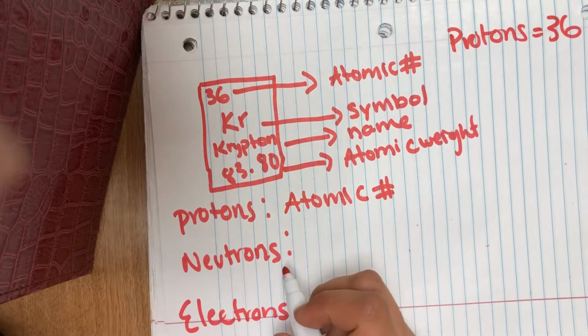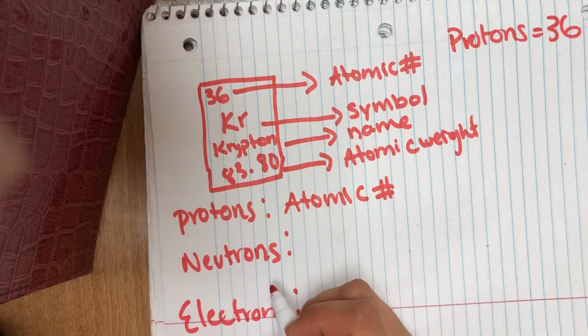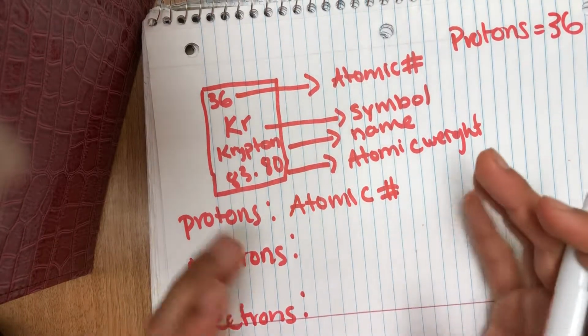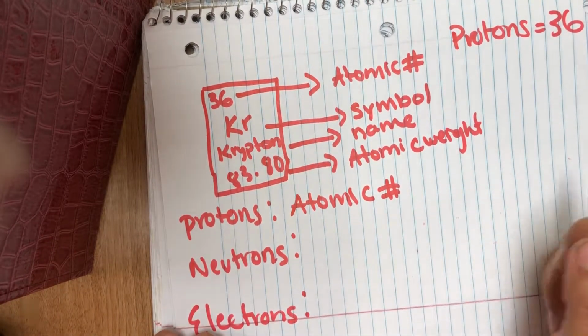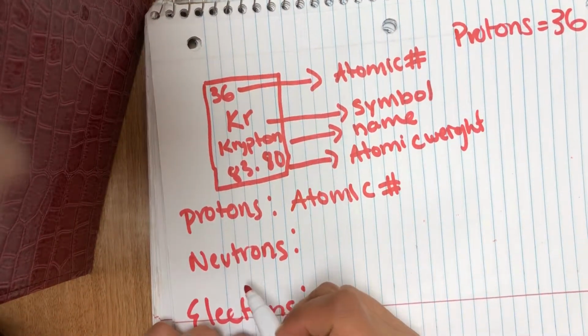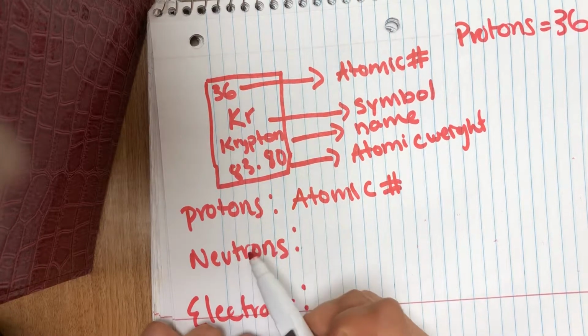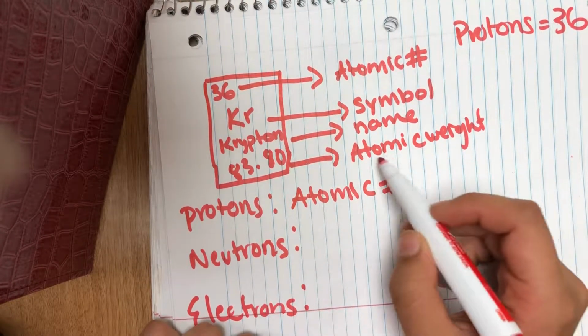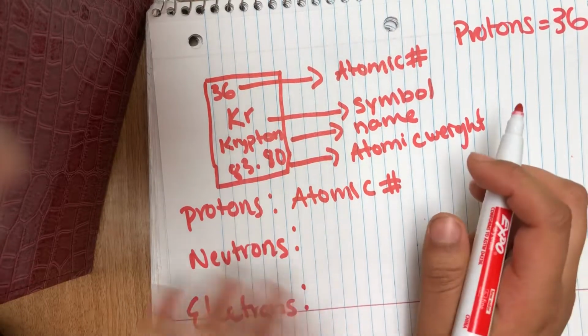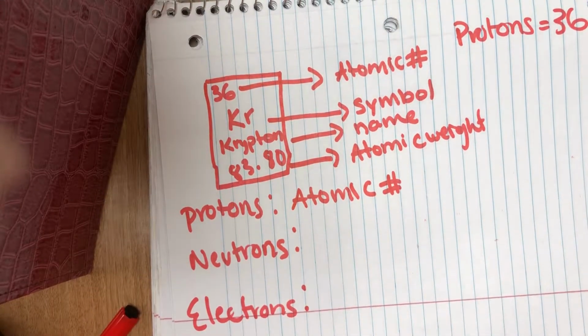Next, let's find the neutrons. The neutrons are found by taking the total amount of particles in an element and subtracting the protons. The total amount of particles is found by using the atomic weight, which tells you a rough estimate of the amount of particles in an element.